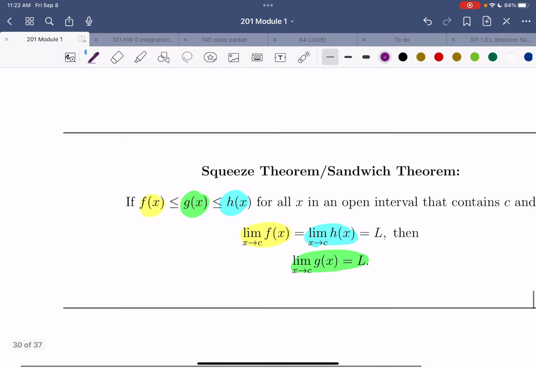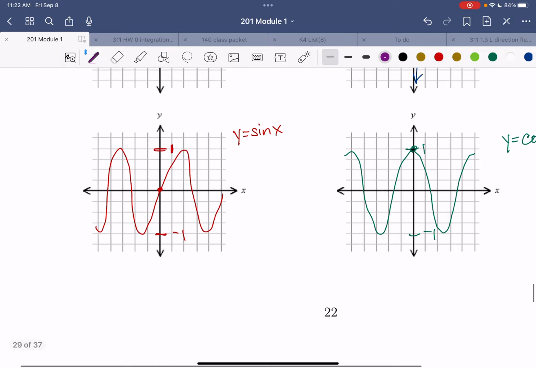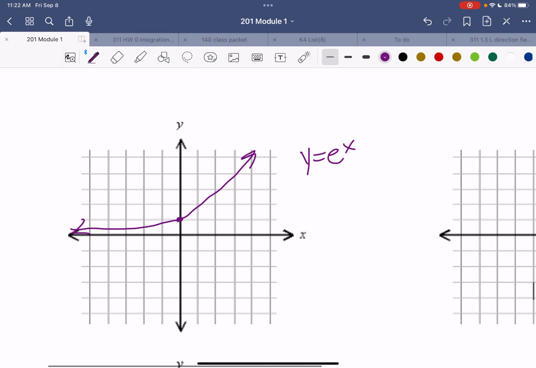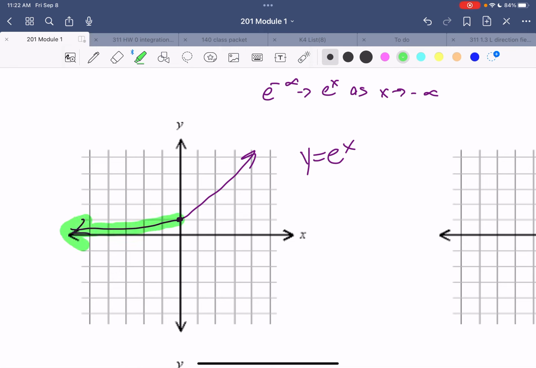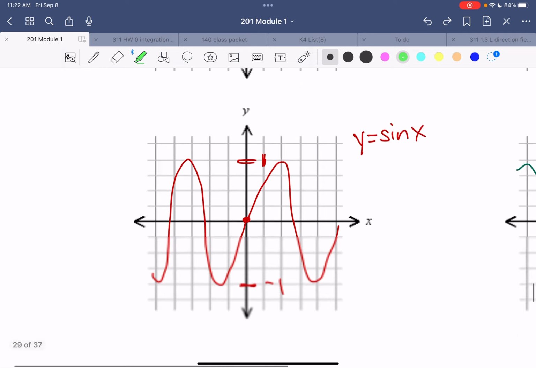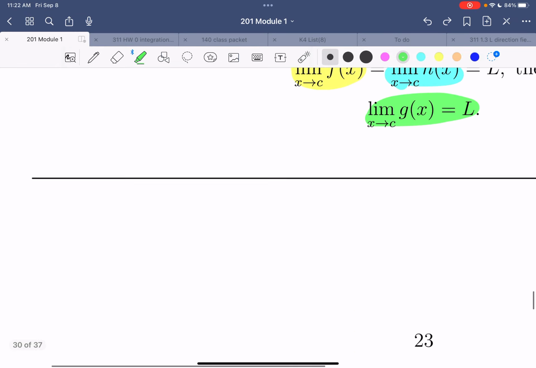If I go back up to my graph, e to the negative infinity is the same as e to the x as x goes to negative infinity, because that's what I plugged in. So if I'm on my graph and I'm headed towards negative infinity, the exponential function is headed to 0. So my values for e to the negative infinity are going to be 0.